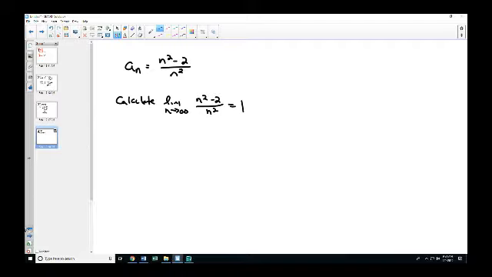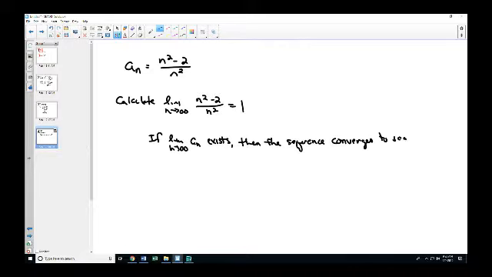Okay. Here's what's neat about infinite limits and sequences, and it's actually a theorem. If the limit exists, as it does there, then the sequence converges to the same limit. So we don't have to write any terms out for this.